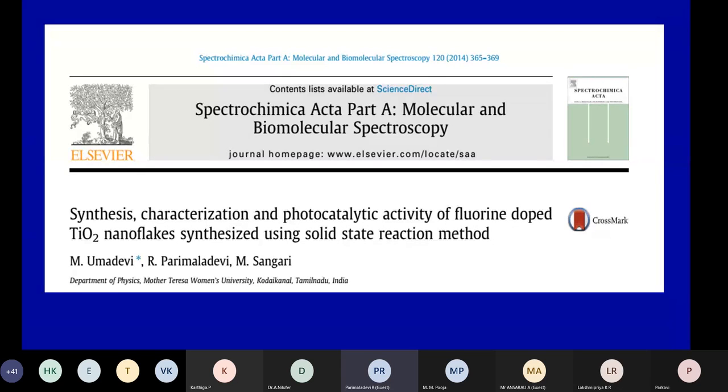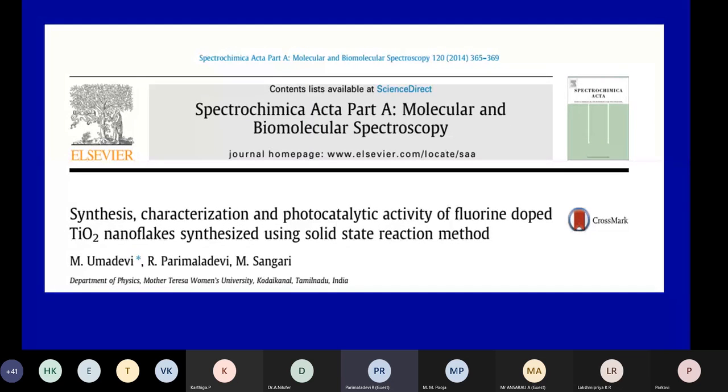Normally fluorine doping in titanium oxide converts Ti4+ to Ti3+ by charge compensation, and the existence of Ti3+ can reduce the electron hole recombination rate. Subsequently it will enhance the photocatalytic activity. So fluorine doping may enhance visible light driven photocatalysis due to the creation of oxygen vacancies.